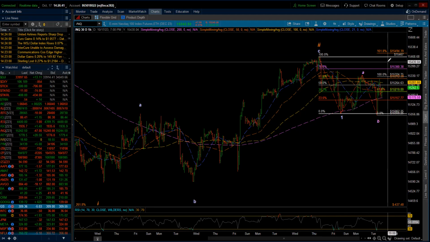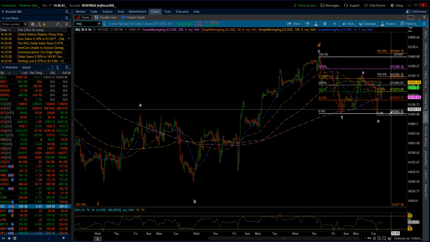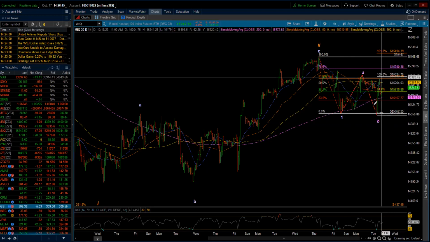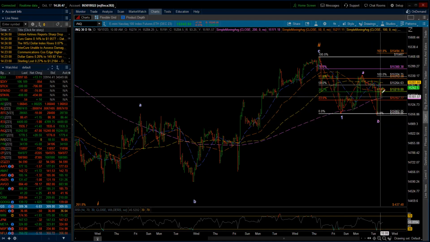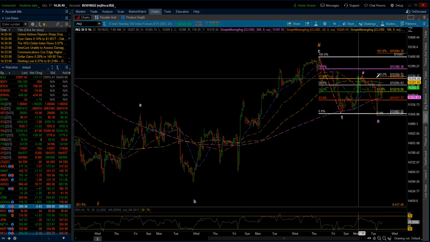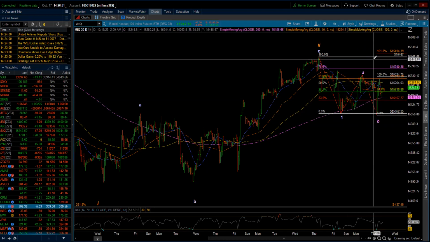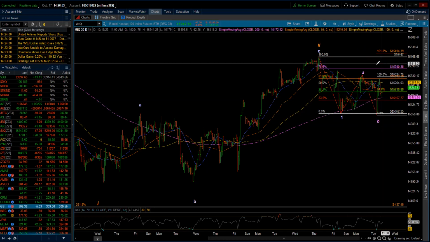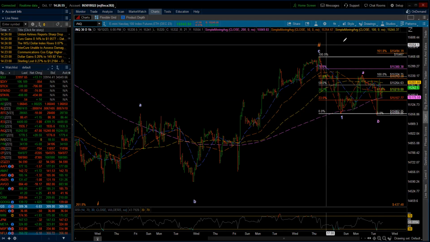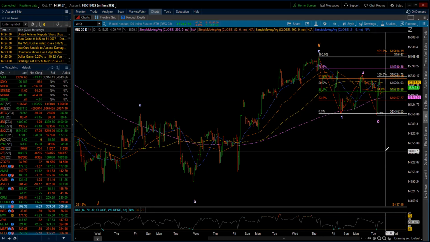So right now, I'm leaving this the way it is and looking for a continuation to the upside to complete a C wave. I'm going to put a minute 2 on it, and then look for that minute 3 of minor 3 to kick in.